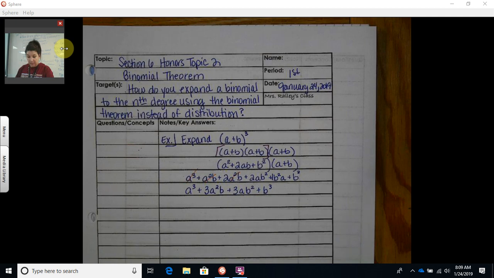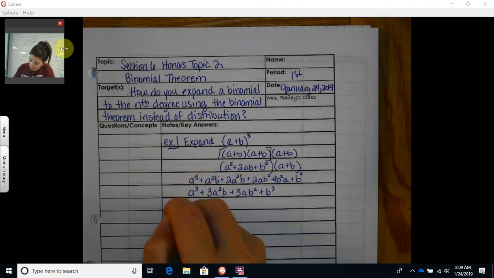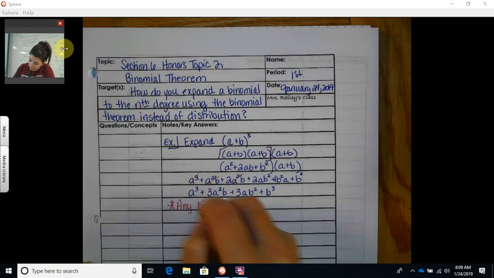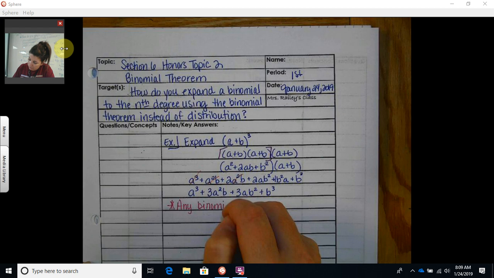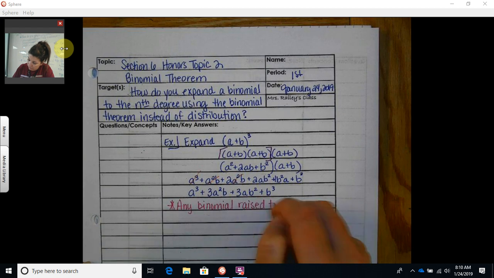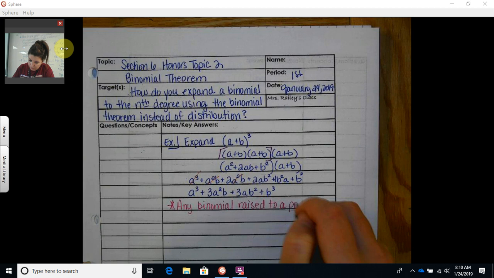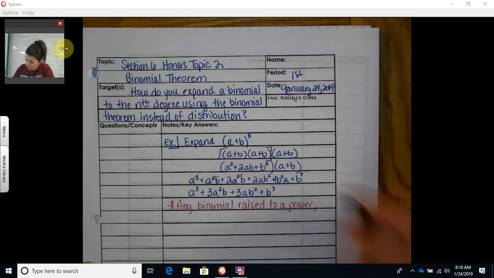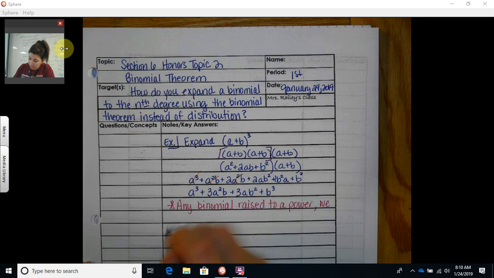Any binomial raised to a power, we can start to see a pattern develop.